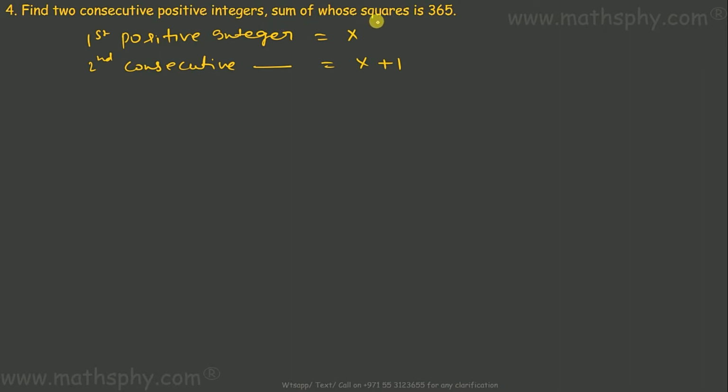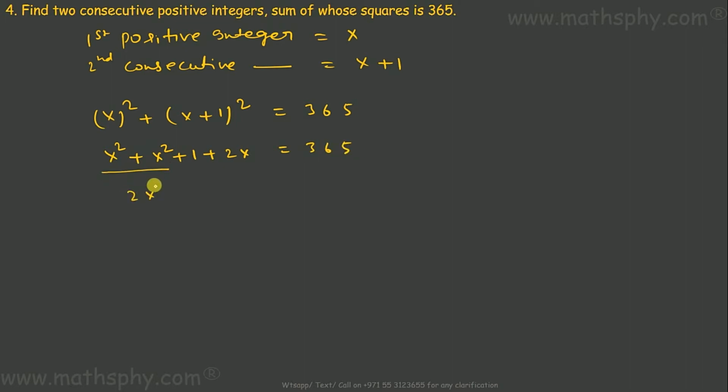It says sum of whose squares is 365, means x squared plus x plus 1 whole squared is 365. This will be x squared plus, this can be a plus b whole squared, which is a squared plus b squared plus 2ab, equals 365. So this will be 2x squared plus 2x plus 1 minus 365 equals 0. So this will be 2x squared plus 2x minus 364 equals 0.